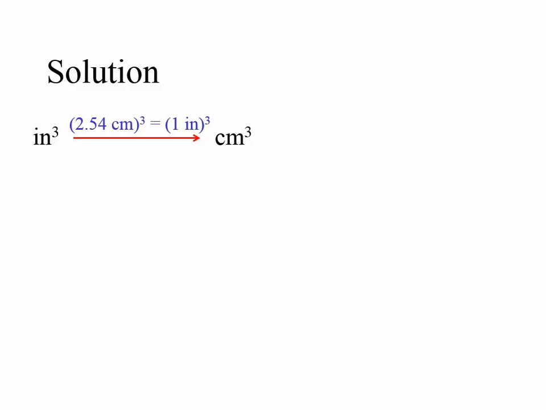Now, it may not be totally obvious that that's my first stop, but the reason I'm going to go from inches cubed to centimeters cubed is because if I'm at centimeters cubed, I'm getting close to liters. I can't go directly, but what's the relationship between centimeters cubed and milliliters?